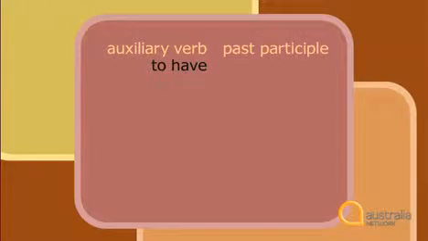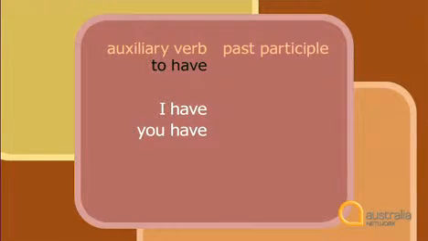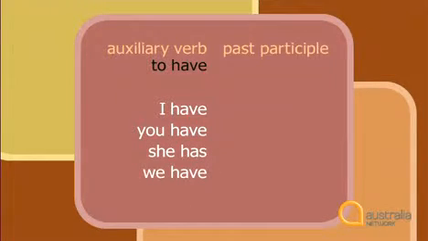Let's have a look at how we structure the present perfect tense. We use the auxiliary verb to have and a past participle. So here's our auxiliary verb: to have. I have, you have, she has, we have, they have.